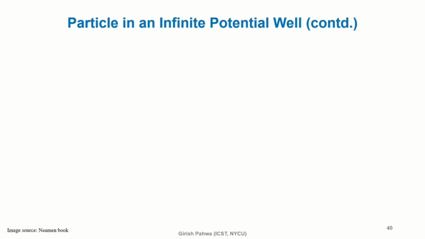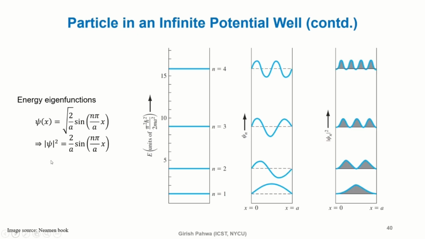Now let's also have a look at the wave functions, how they will look. So what did we calculate? We are still at step number 1, and step number 1 is the calculation of energy eigenfunctions. These things that we calculated are energy eigenfunctions.